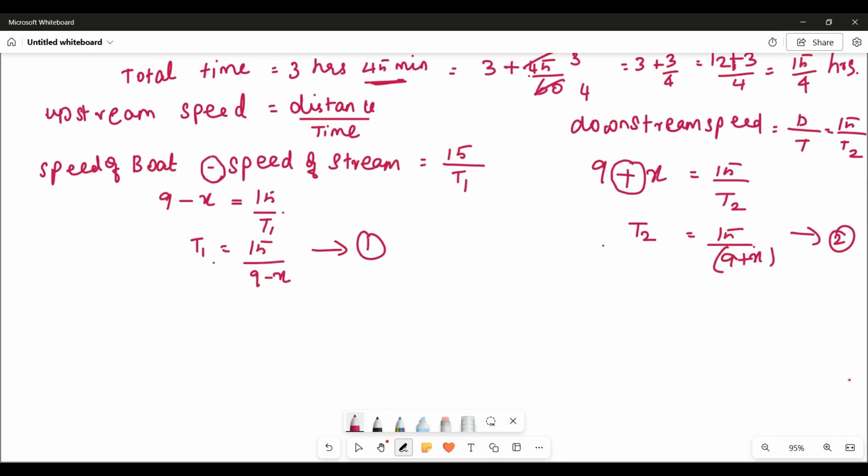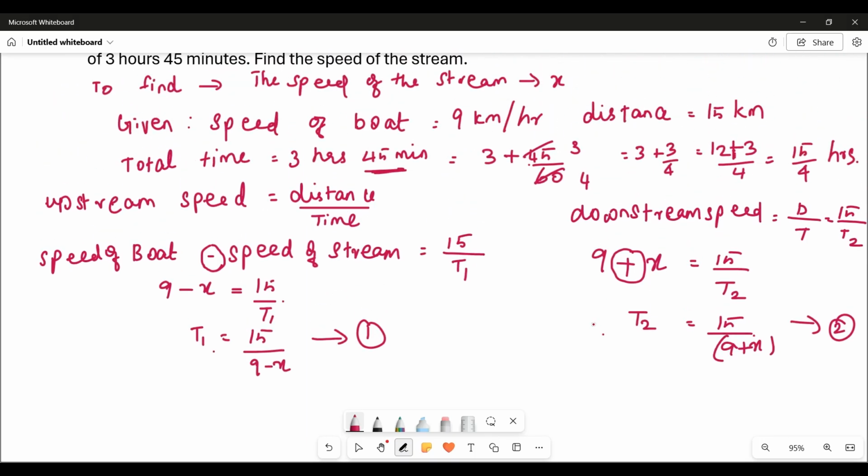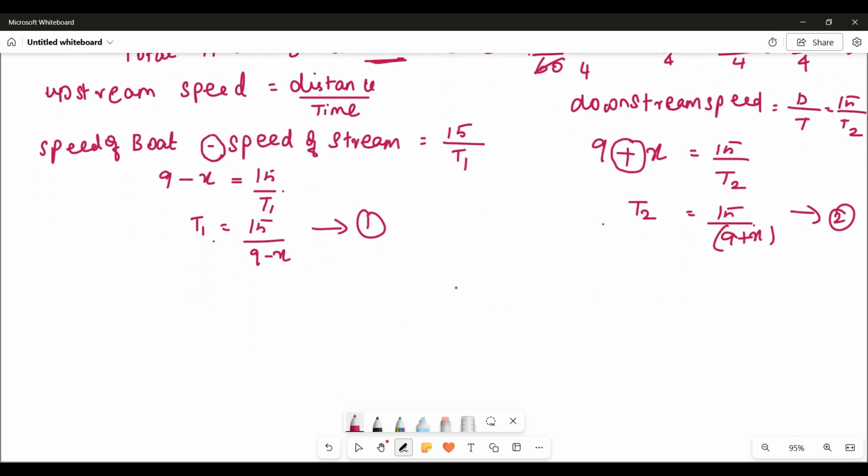From the question we know that the total time taken is 15 by 4 hours, which is nothing but t1 plus t2, the upstream time and downstream time.